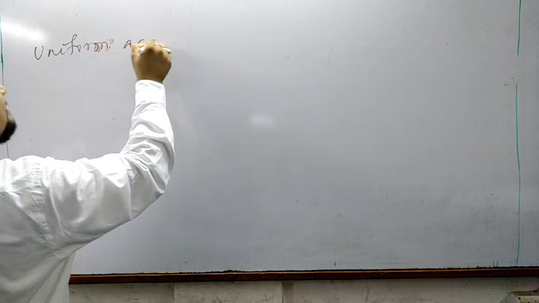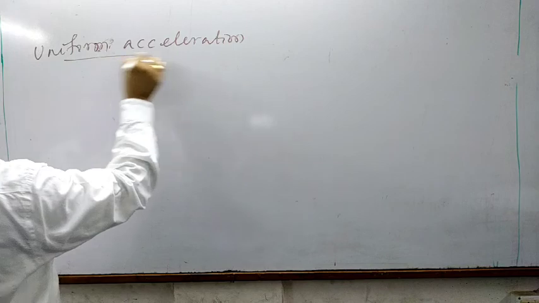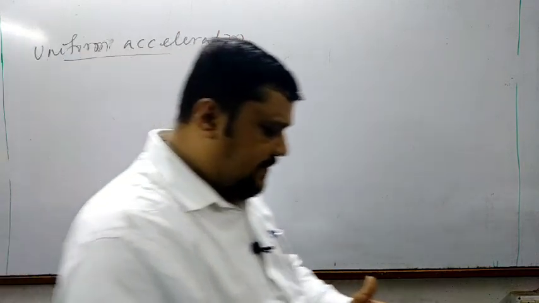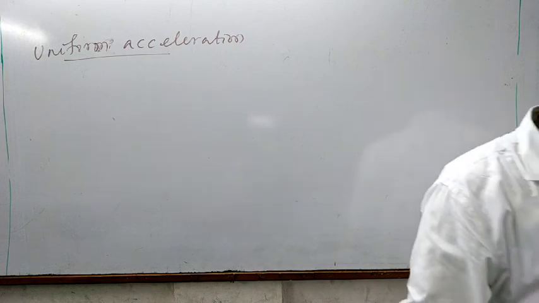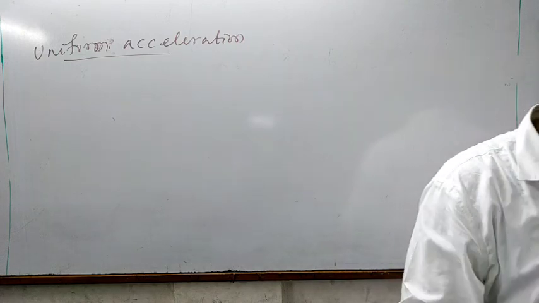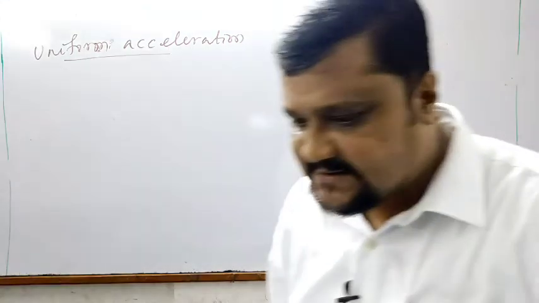The acceleration of an object is said to be uniform if its velocity changes by equal amounts in equal intervals of time.